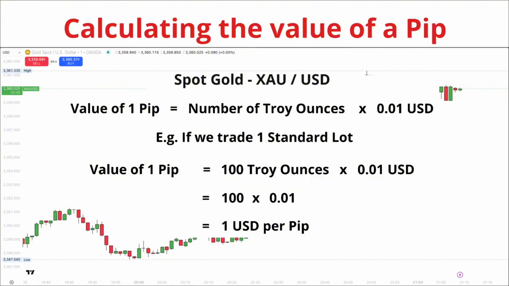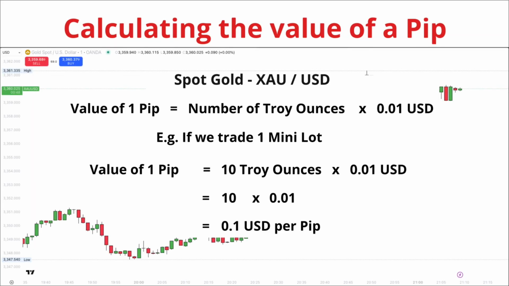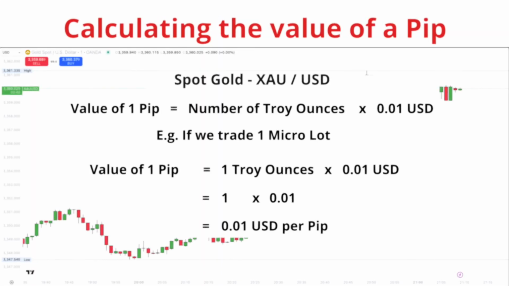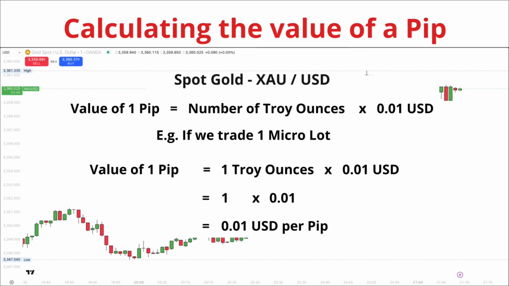This equals $1 per pip. If we traded 1 mini lot, 1 pip would equal 10 troy ounces multiplied by $0.01, equating to $0.1 per pip. And if we traded a micro lot, 1 pip would equal 1 troy ounce multiplied by $0.01. This equates to $0.01 per pip.